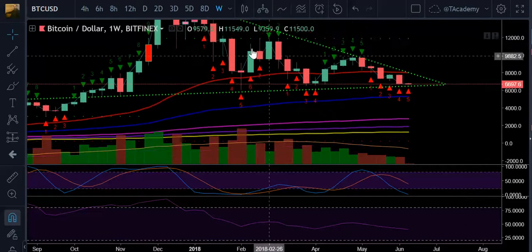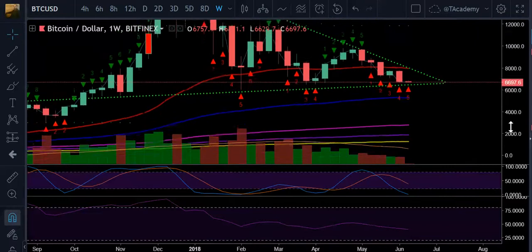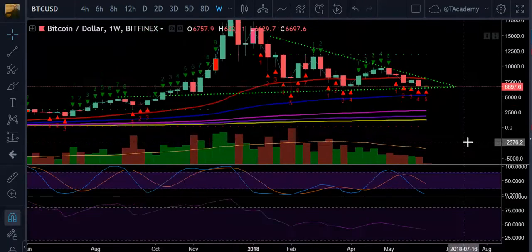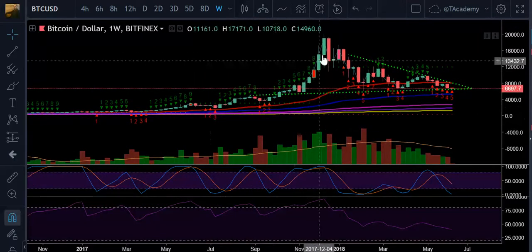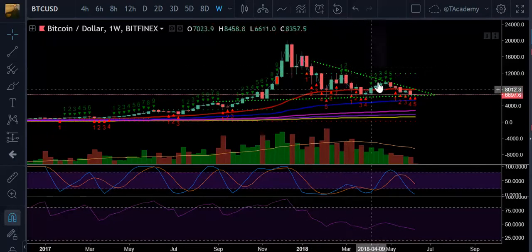Why? Okay, I go to the daily. What I like to mention here, as I said, we were in an uptrend, then the market enters a correction wave.